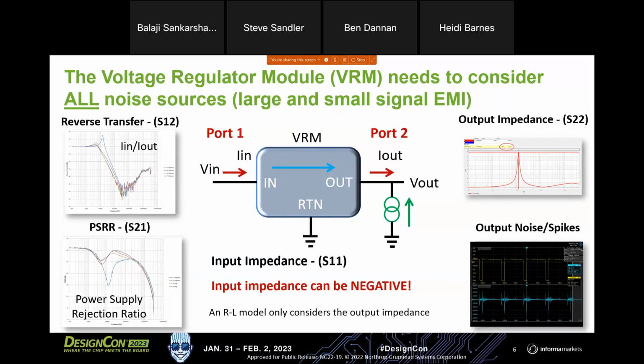Noise coming from the input, switching noise on the output, and how that couples back and forth between the input and the output. So we care about things like output impedance, we care about reverse transfer, we care about power supply rejection ratio. And the interesting thing is that we start to learn how important impedance is when we start looking at this type of model of the noise parameters.